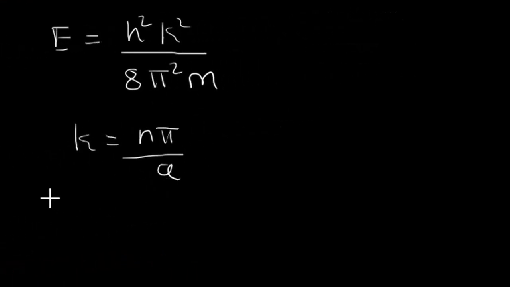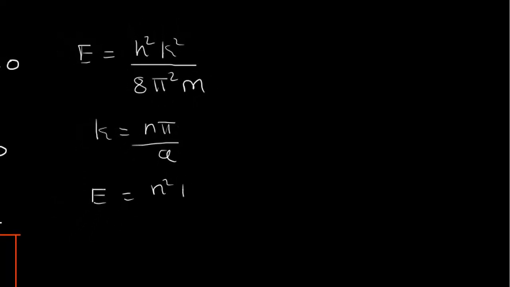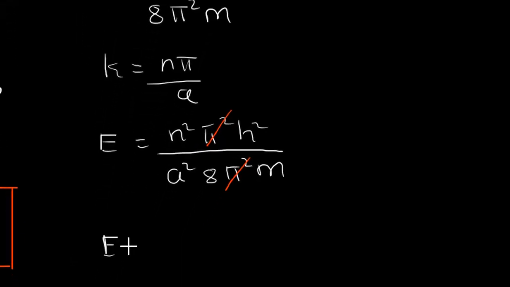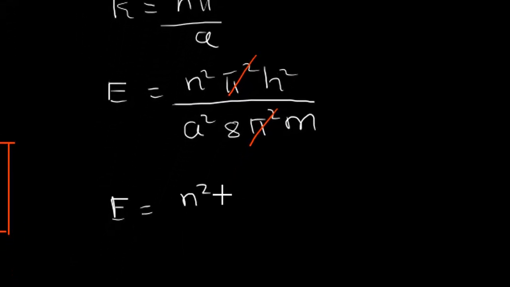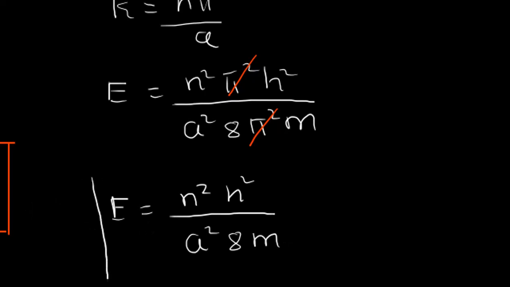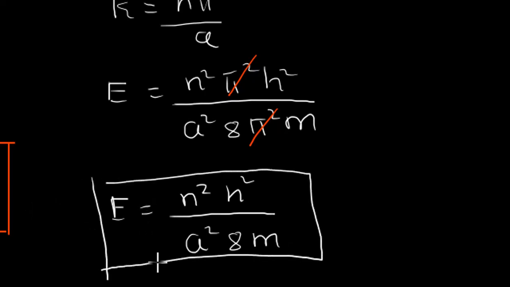Substitute here, then E equals n square pi square h square divided by a square 8 pi square m. So pi square will get cancelled, then E equals n square h square divided by a square 8 m. This is the energy eigenvalue.